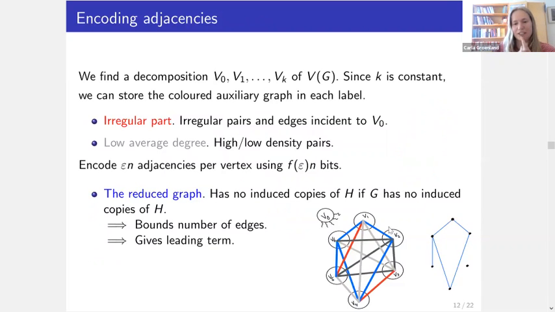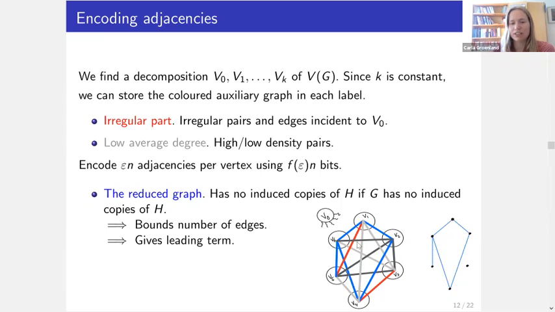I've repeated this picture at the bottom, and what we find in the end is this decomposition of the vertex set for some constant that we just store entirely. So we store this entire thing in each label. Now we have some edges which are incident to V0 and some red edges, but we can assign some function of epsilon times n for each vertex to record these red edges.